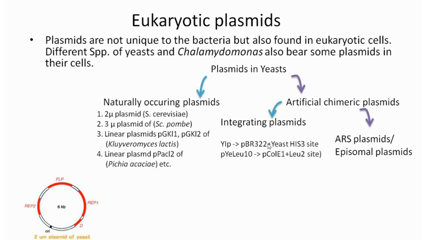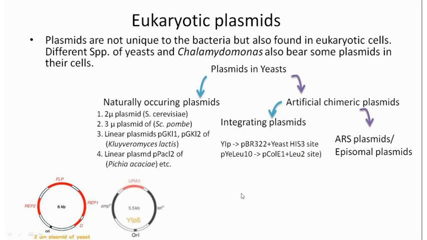The backbone of pBR322 has been introduced in this vector to make a vector in which you can introduce certain genes also. YIp with LEU2 contains a pBR322 backbone, and it contains the LEU2 site, so it will be integrated in the LEU2 site of the host chromosome. So this is the structure of YIp5, which is one type of integrating plasmid.